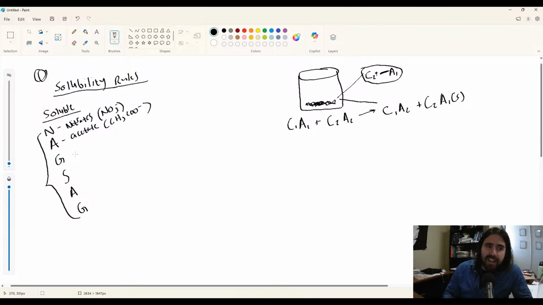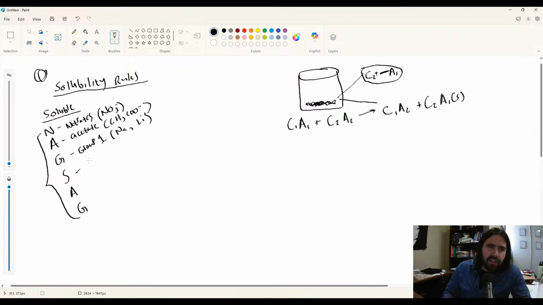Okay. The next set would be what would be called just group 1. That's going to be anything that's in group 1 on our periodic table. So this would be things like sodium, lithium, things like this. Broadly speaking, these are going to be soluble in water.